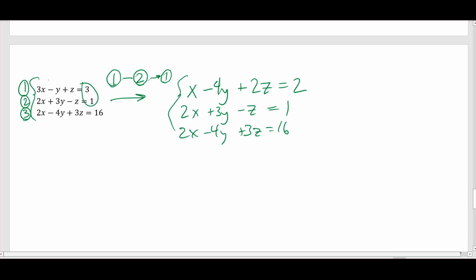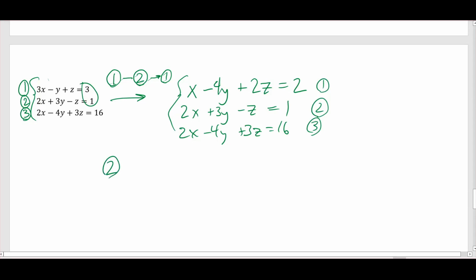Now that we have a 1 as the coefficient in this position, we want to make these guys zeros. Let's call these equations 1, 2, 3 again. Since I've got a 1 in this position, I can use a multiple of that row to knock out the others below it.